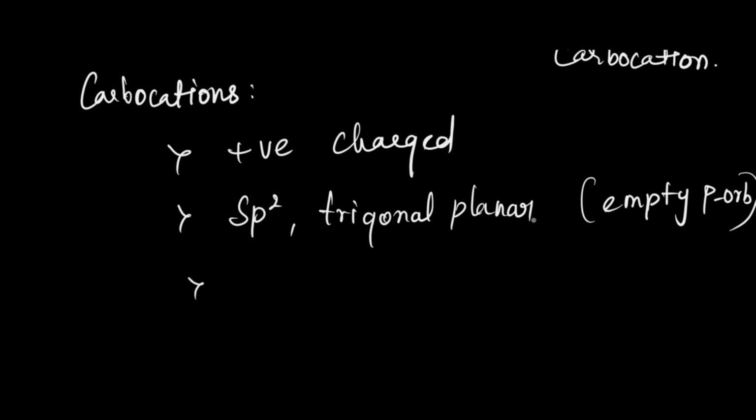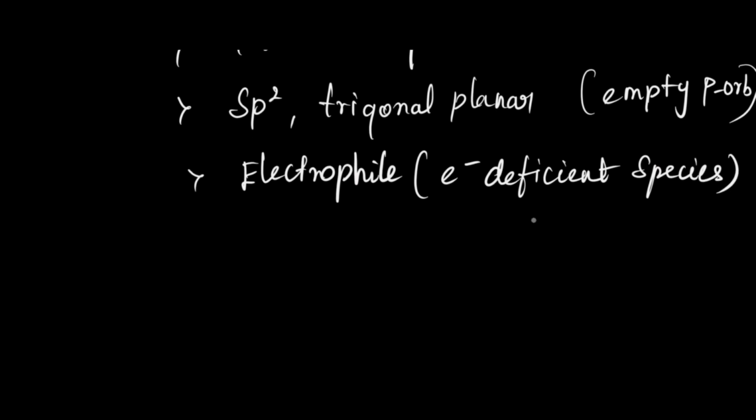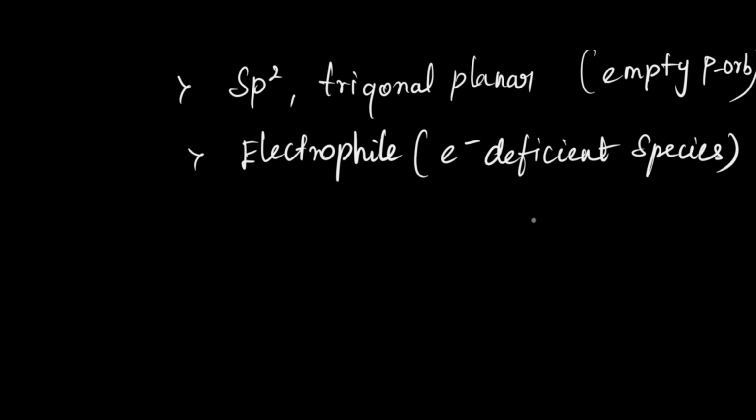And most importantly, these are electrophiles. What is an electrophile? These are electron deficient or electron loving species, which will be ready to accept the electrons.